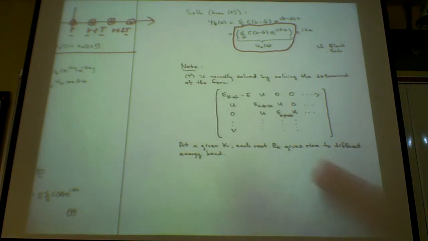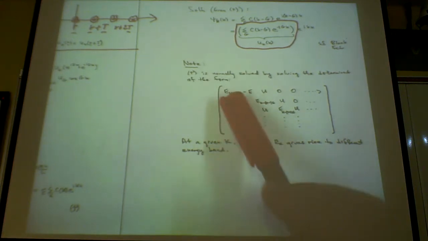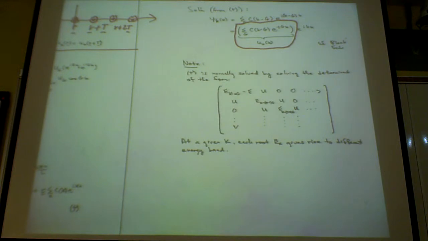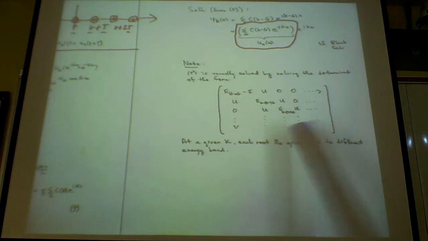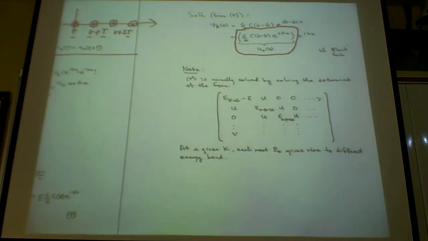But the idea is that if you do that, you get multiple solutions for your energy, and this leads to multiple band structures. Just like in the double square well case, where each energy level of the single square well is split into two, here, in the periodic case, you split into many states because of the periodicity that you have.